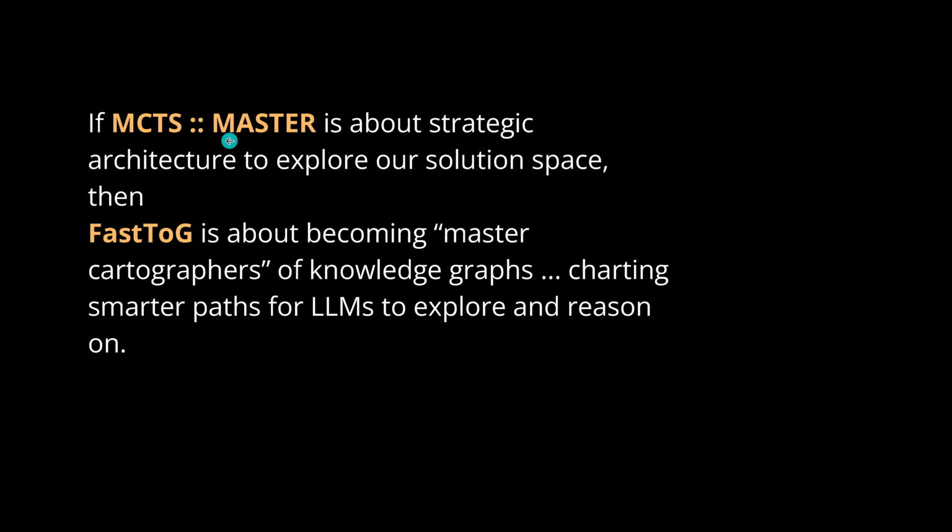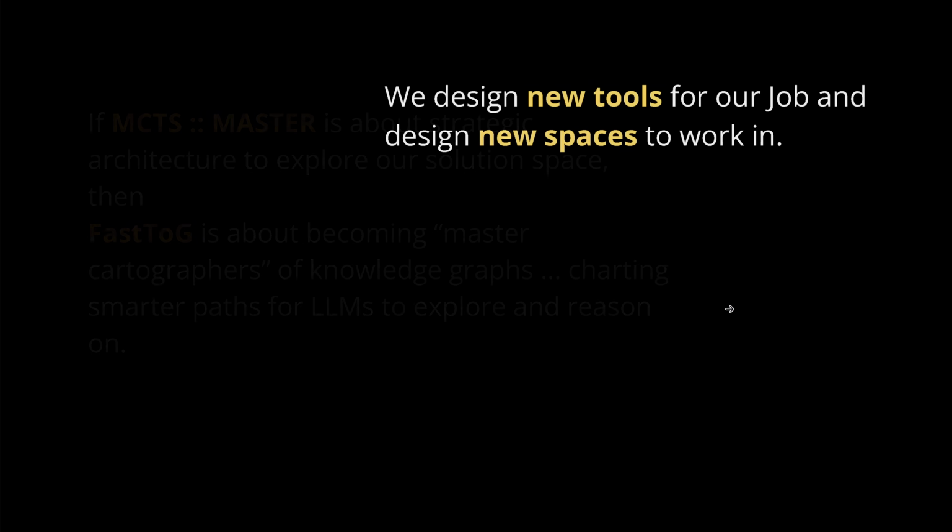This is about strategic architecture to explore our complete solution space. And then Fast Think on Graph becomes the master cartographer of a knowledge graph, charting smarter pathways on our knowledge graph for the LLMs to explore and reason on those pathways faster, cheaper, and with better performance.